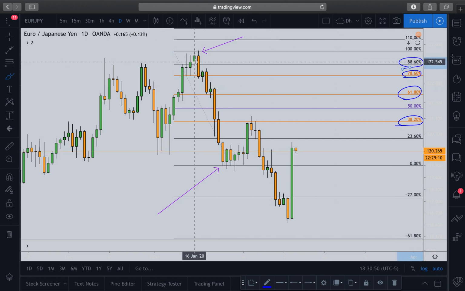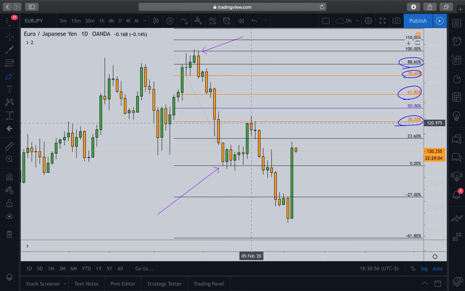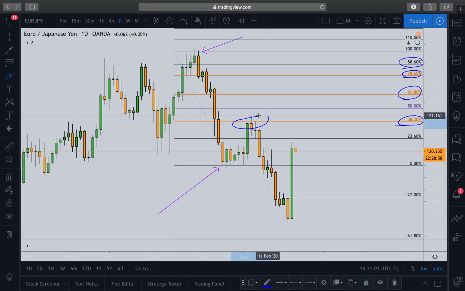So right here, this is your push down, and this is your counter trend. And what ended up happening is when you measure this out, price came back up and rejected right at 38.2. Those are your four major levels, and they each have some type of significance.